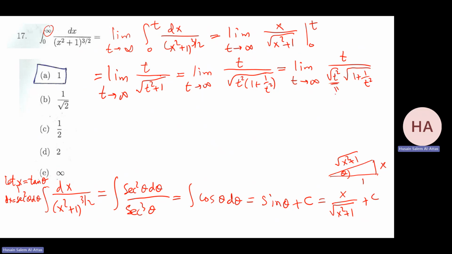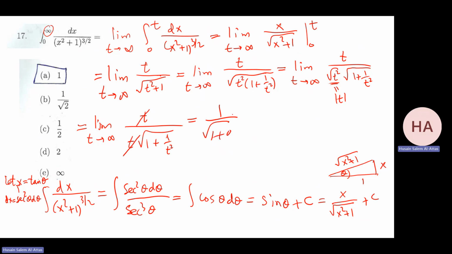What is the square root of t squared? It's the absolute value of t. But since t goes to infinity, t is positive, so I will get rid of the absolute value. That will be t times the square root of 1 plus 1 over t squared, and the t cancels. Apply the limit. I have 1 over the square root of 1 plus 0. That gives me 1. So this is my answer.